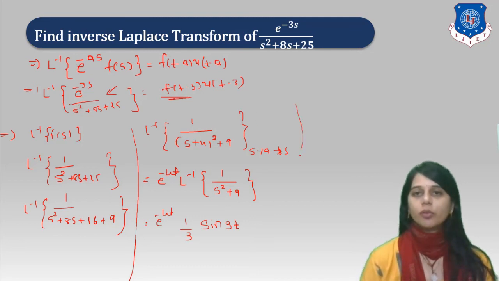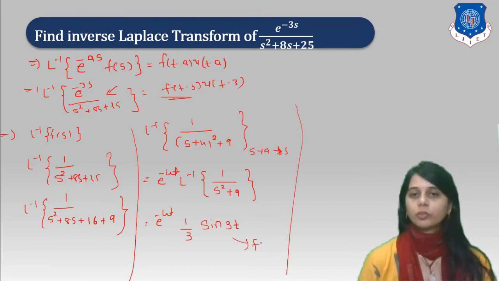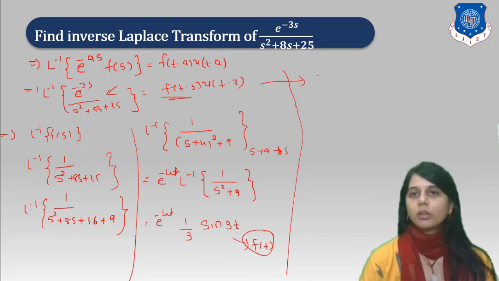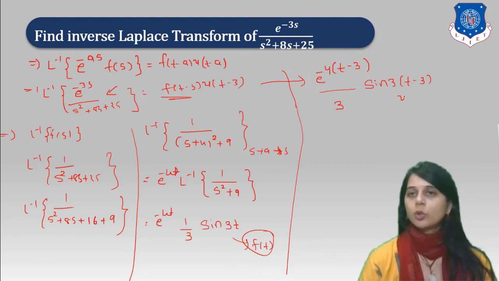Now this is your f of t. Put this value in here. So our last answer is e raised to minus 4 (t minus 3) upon 3 sin 3 (t minus 3) u of t minus 3.